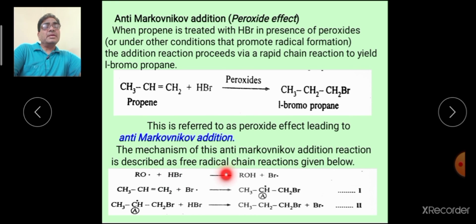Here the bromine free radical is formed, and this bromine free radical reacts with our alkene molecule giving this A, and this A reacts further with hydrogen bromide giving the 1-bromo product with a bromine free radical. This is reaction 1, while this is reaction 2.